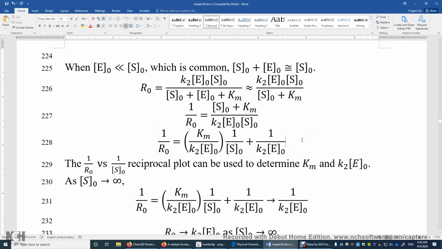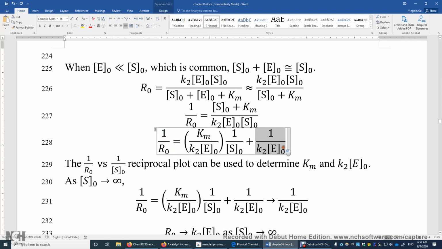Now it's really clear. 1 over R naught is linear with 1 over S naught, right? And if you plot 1 over R naught versus 1 over S naught, it's going to be linear with this slope and this intercept. You measure R naught, you measure S naught, you take the reciprocals, you make this 1 over R naught versus 1 over S naught plot.